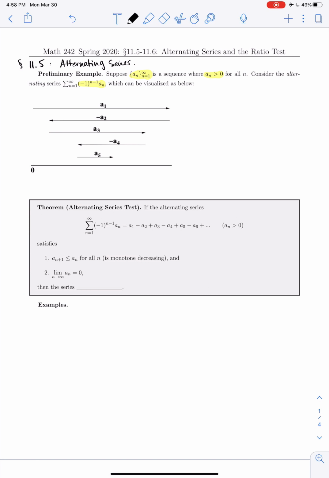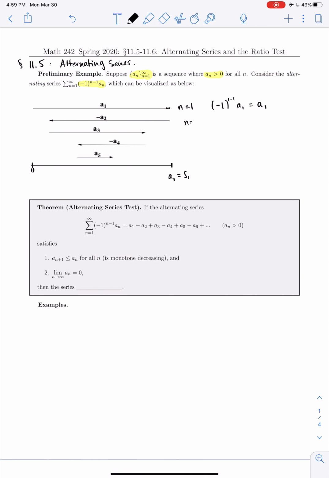And what that ends up looking like is, if you're adding these numbers up, if you start at 0 and you add a sub 1 to 0, you, of course, end up out here at the x value a sub 1. That's also the value of your first partial sum. Then, from a sub 1, if you add a negative a sub 2, so when n is 1, your sum term is just a sub 1.